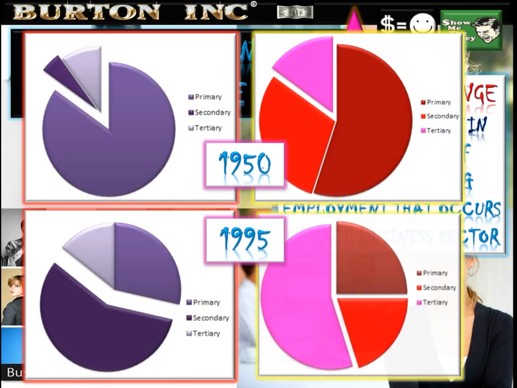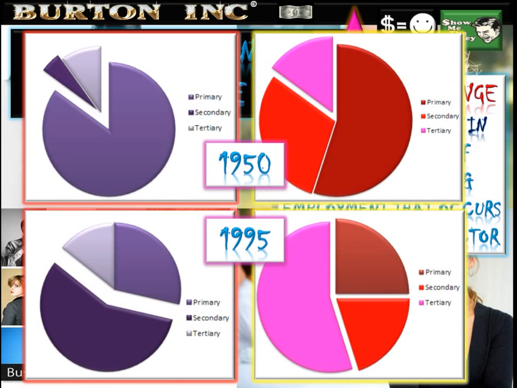Okay, we've got two different economies that we're going to look at here across the three different sectors of business activity, primary, secondary and tertiary, and two different time periods, 1950 and 1995. Two countries, we have got China on the left there and we've got New Zealand on the right here. So back in the 1950s you can see that most economic activity was occurring in the primary sector.